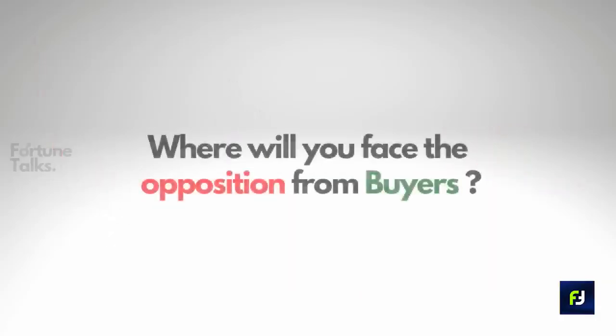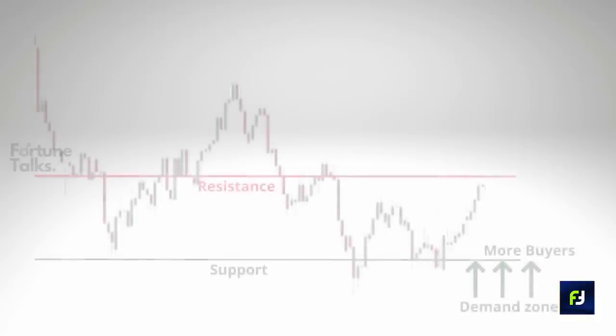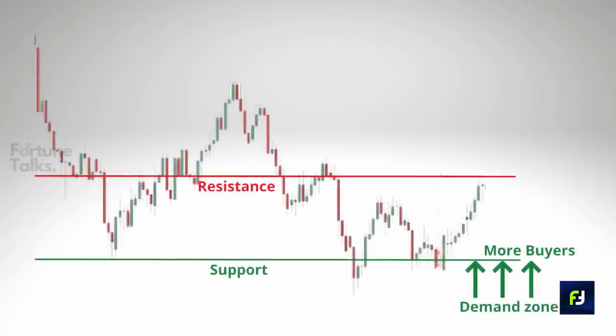Now also think about the fact that where exactly will you face an opposing pressure, or simply where do you think the buyers will come in so that they could buy at good prices. So if you think about a good price at which the buyers would come in, and if you look at the chart, the chances are that buyers would always love to buy at an area of support.